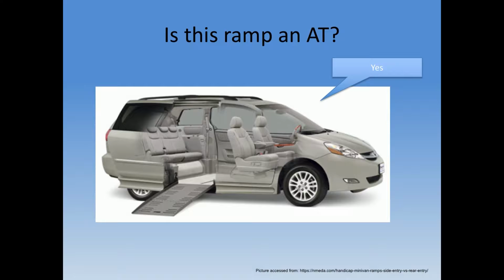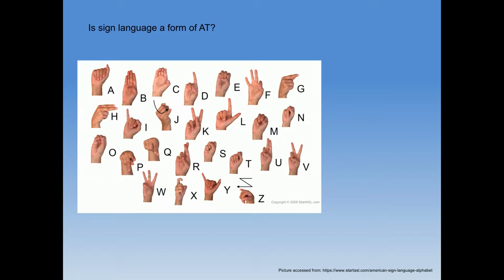But it's designed into the environment, it's embedded. So for that reason, it's not. But what about this ramp right here? Yes. Again, it's meant to serve somebody with disability. Okay. Sign language.